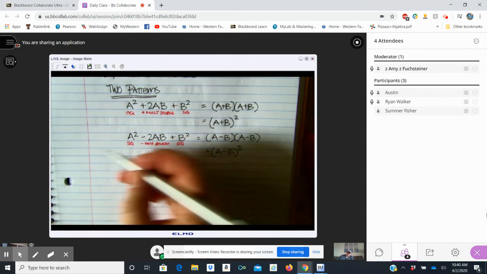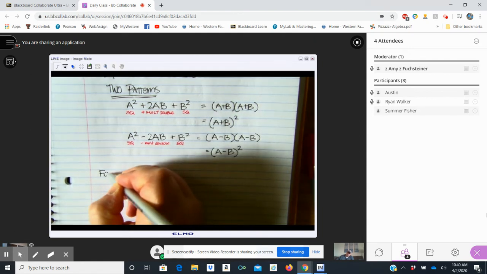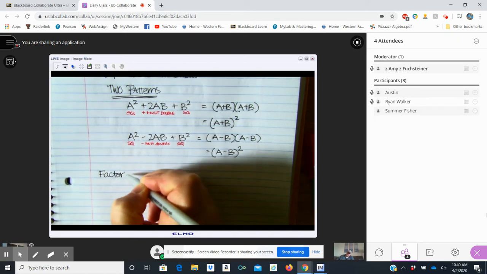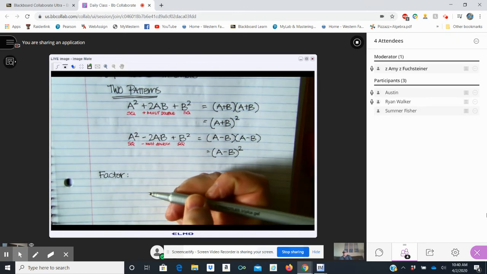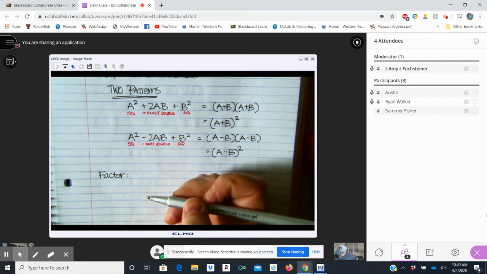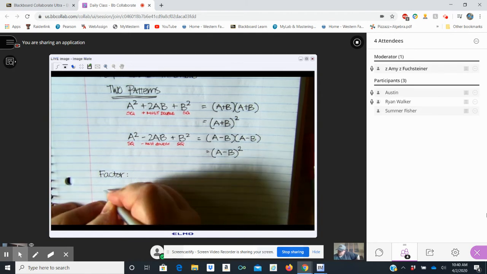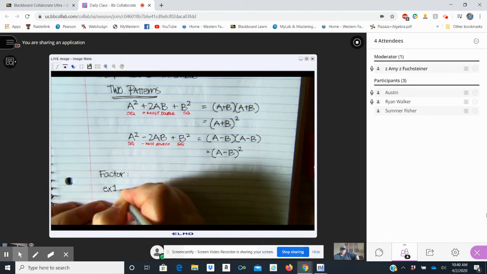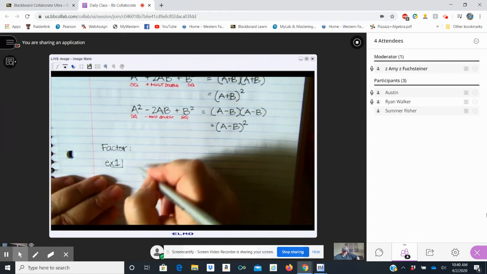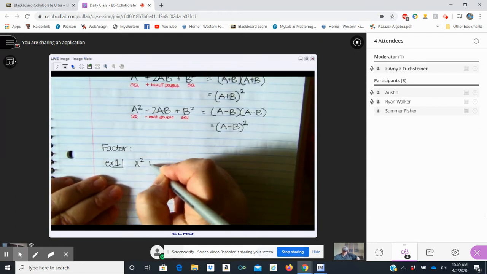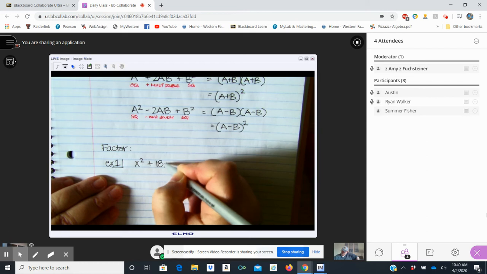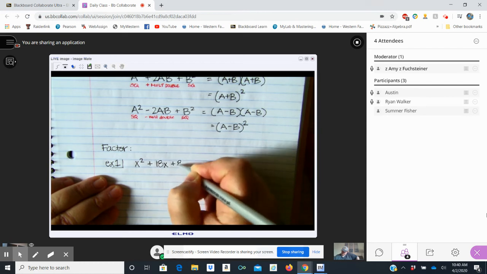Okay, let's try a couple. All right, example 1. We're going to factor this: x squared plus 18x plus 81.